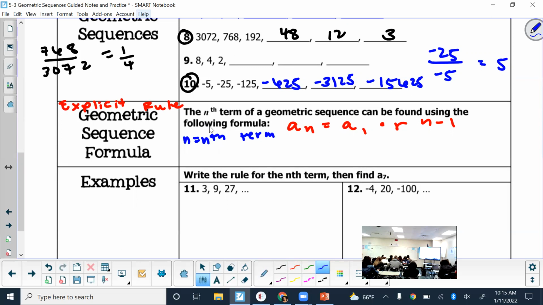A sub 1, you guys remember what that stands for? So if A sub 100 is my 100th term, then A sub 1 is my first term. All right, so write that in there. You need to be able to identify the first term of every sequence. And then R is going to stand for what?